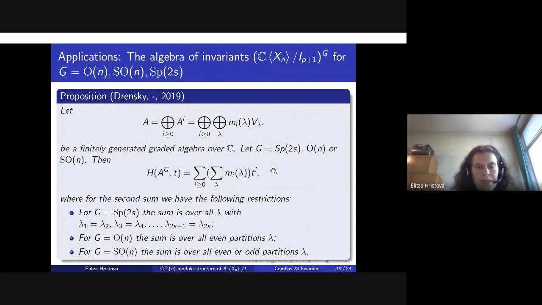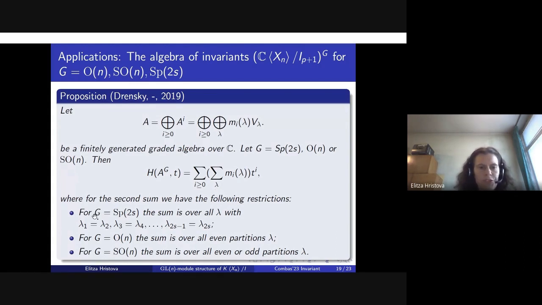The proposition has a similar form as the previous one. We take A to be any finitely generated graded algebra over C, such that every homogeneous component is a polynomial GL_N module. And if we know the decomposition of A as a GL_N module, then we can write the Hilbert series of the respective algebra of invariants in this form, where the second sum has the following restrictions.